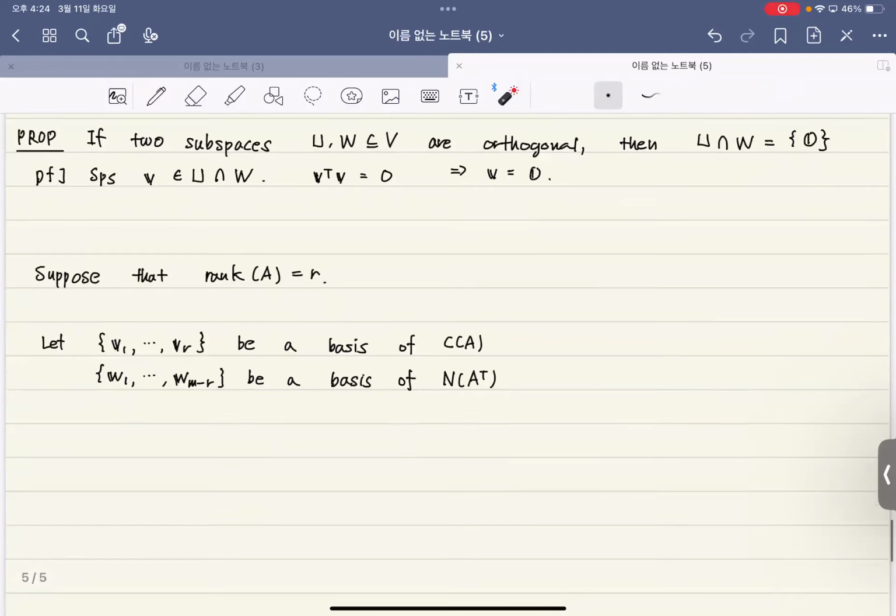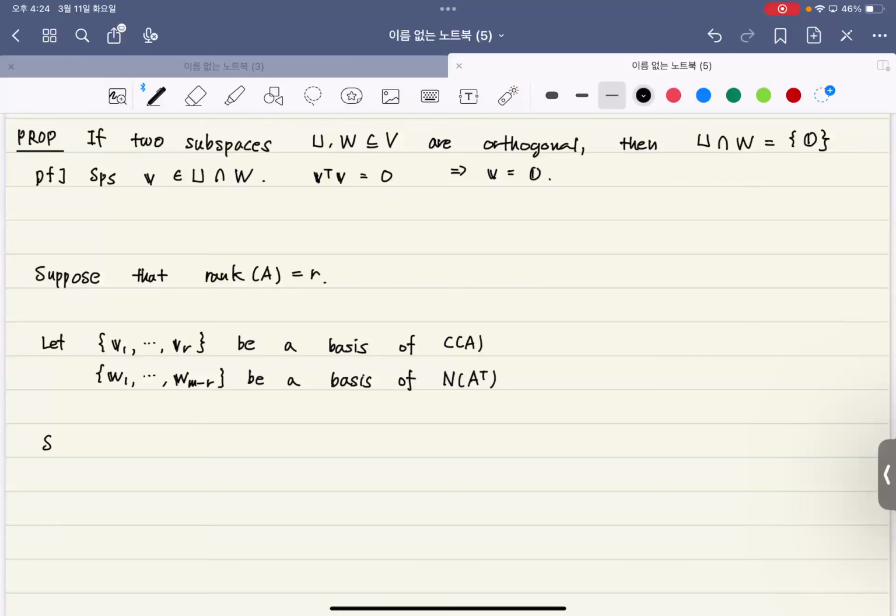Now, what I want to claim here is, let me just consider the union of these two sets, which consists of precisely m vectors. I claim that these m vectors are linearly independent.